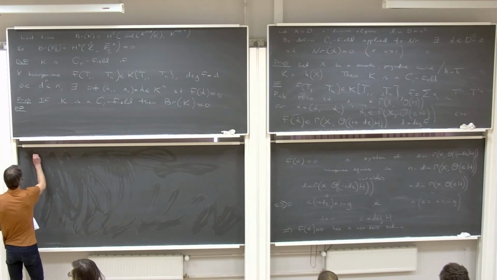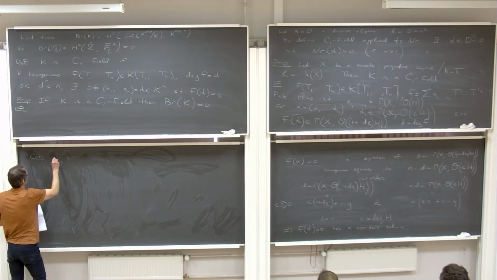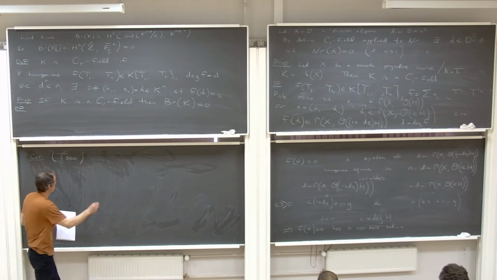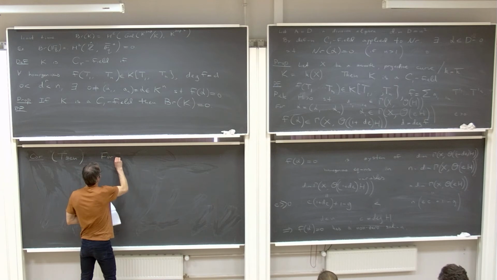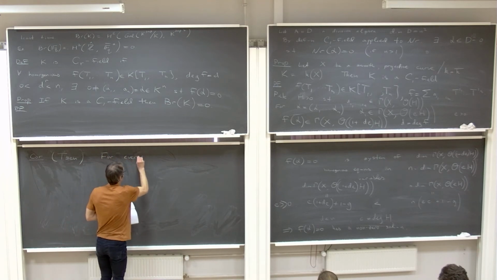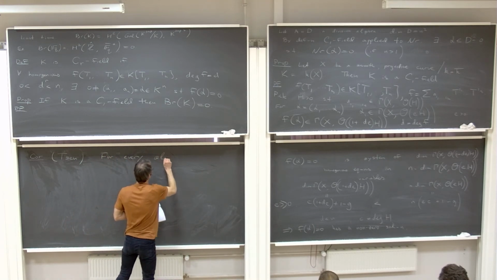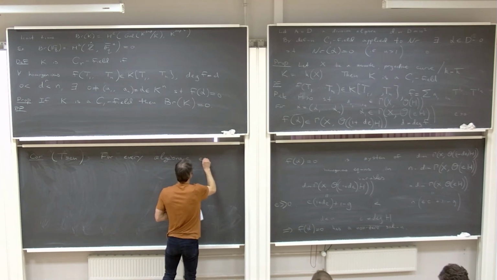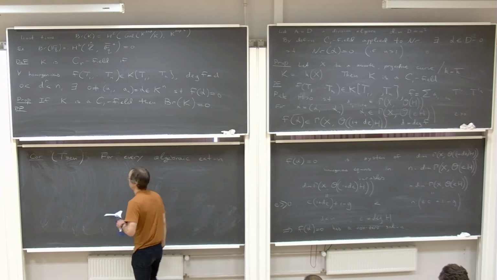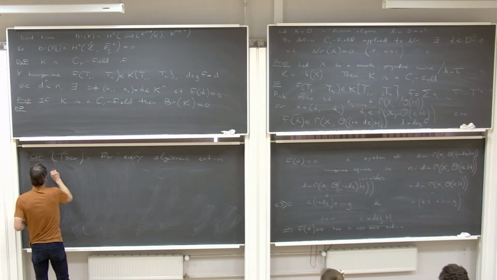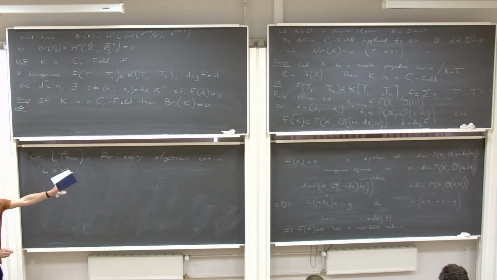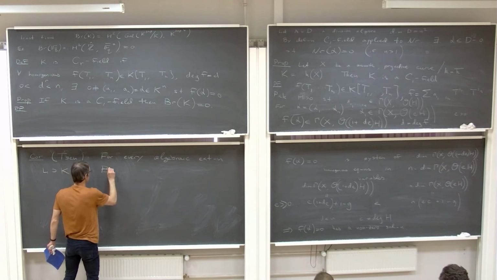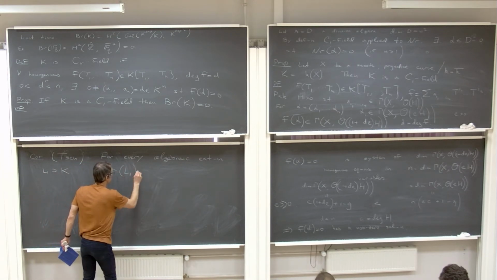So the corollary, which is a theorem of Tsen, is that for every algebraic extension L of this field of rational functions on a curve over an algebraically closed field, the Brauer group of L is 0.